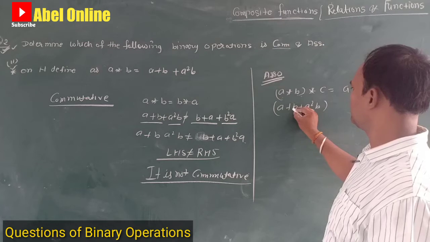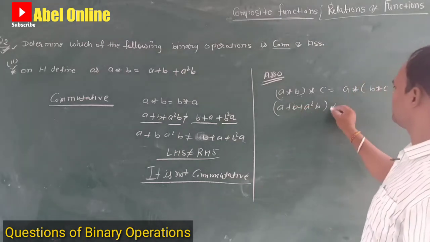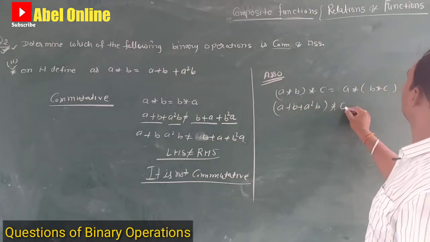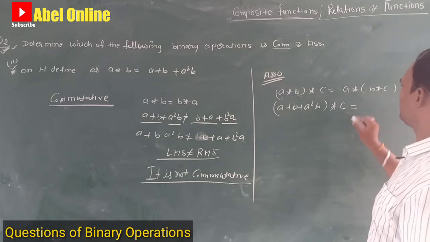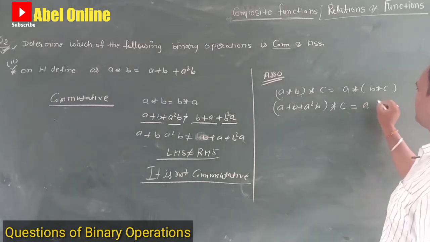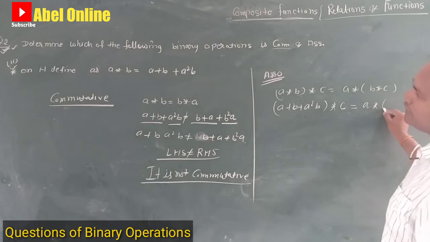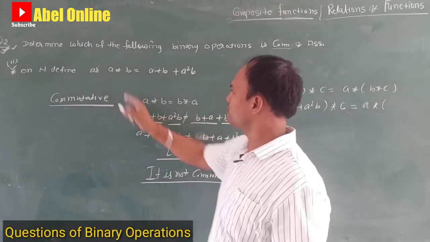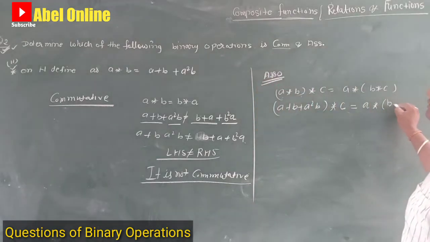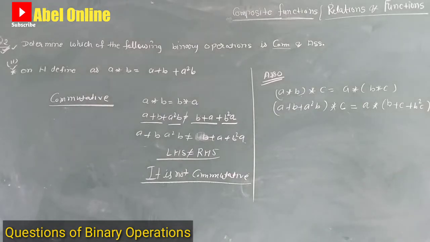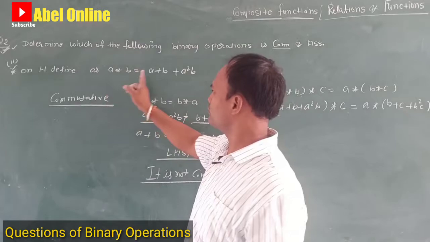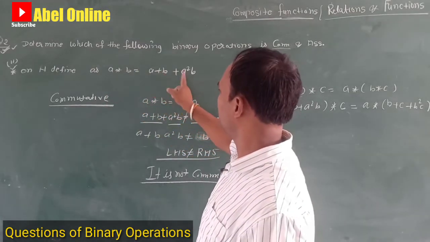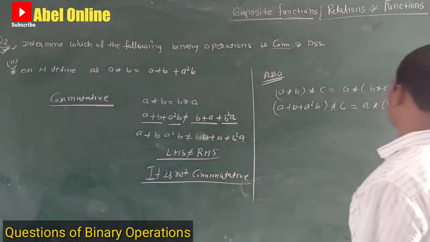A plus b plus a square b, this is the value of star c equal a, and star with the value of b star c means put here b and c. So we can say that this is b plus c plus b square c. Okay students, when we are putting here b and c, there is the b and here is the c, and there is the b square and c.